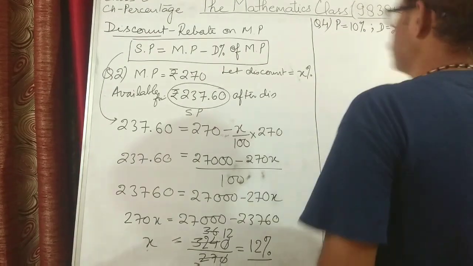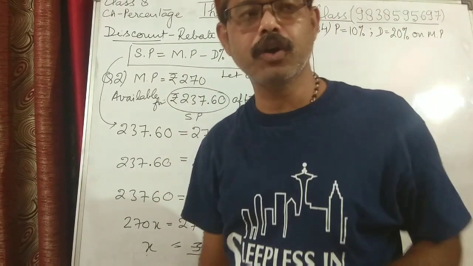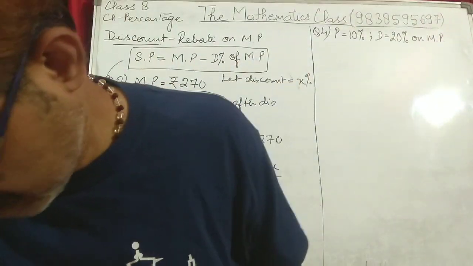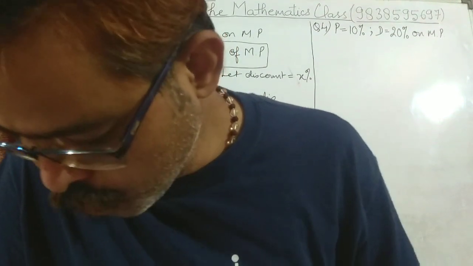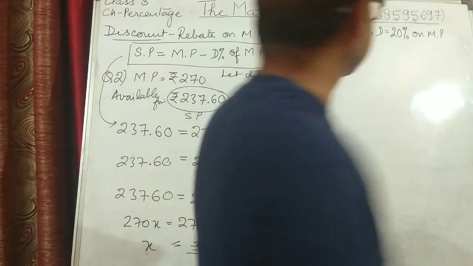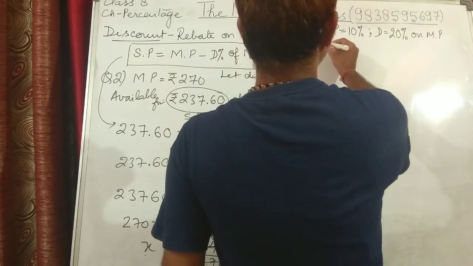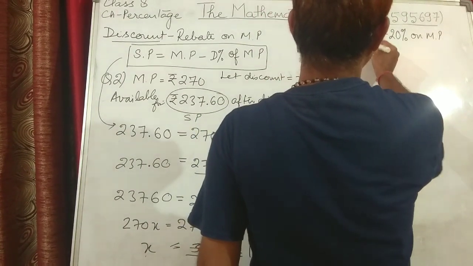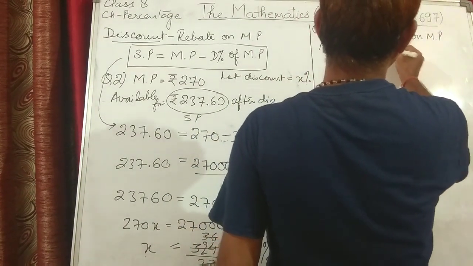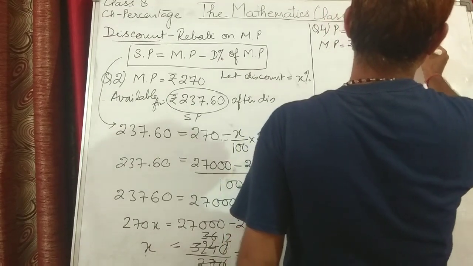Discount, I told, is always offered on the mark price. Now they say find the cost price of the article whose marked price is rupees 880.